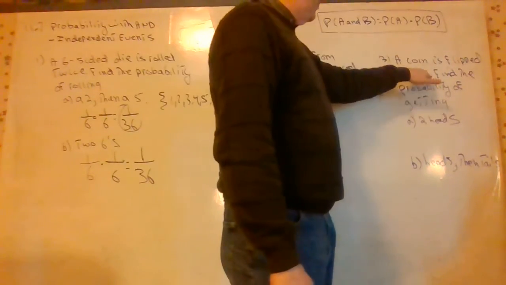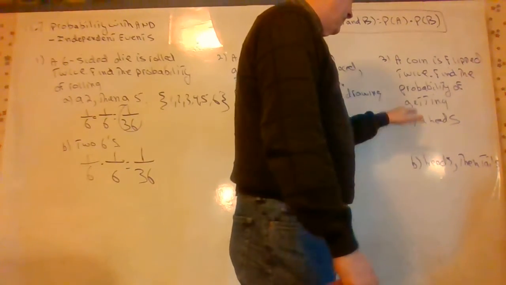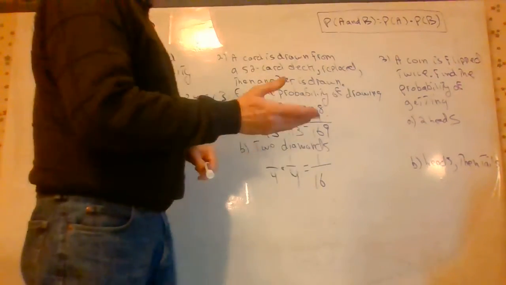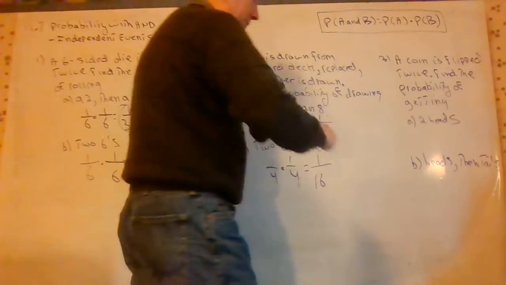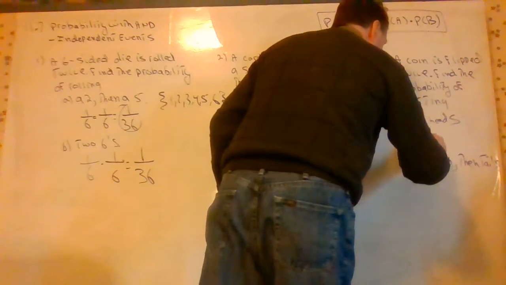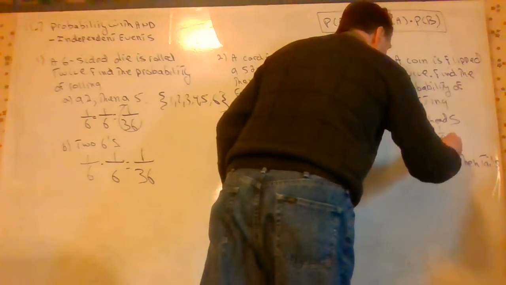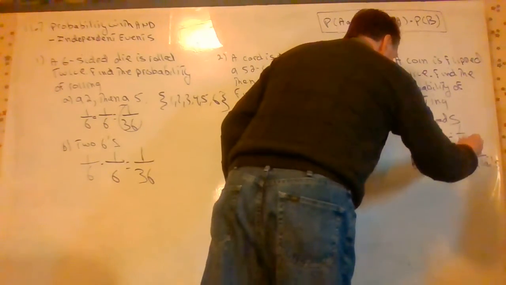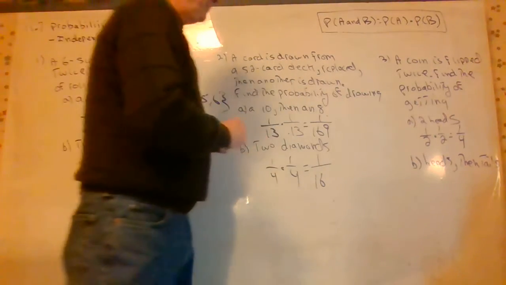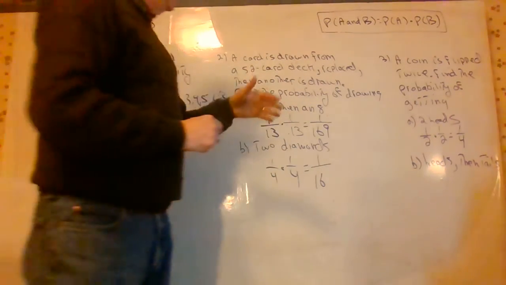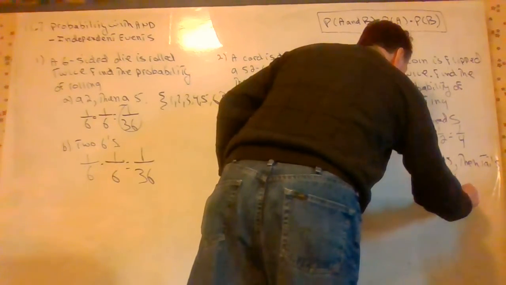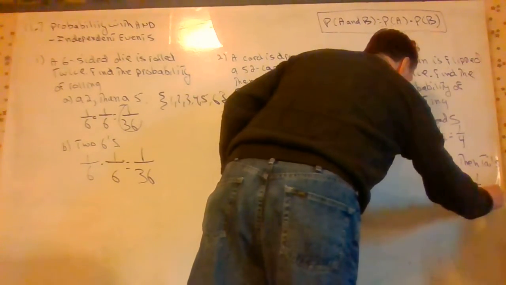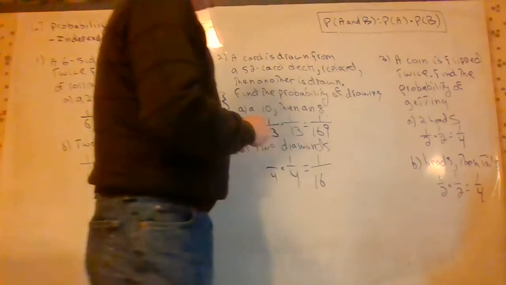A coin is flipped twice. Find the probability of getting 2 heads. Heads, tails, 50-50. 2 equally likely outcomes if it's a fair coin. 1/2 times 1/2 is 1/4. And then heads, then tails. 1/2 times 1/2, which is 1/4.